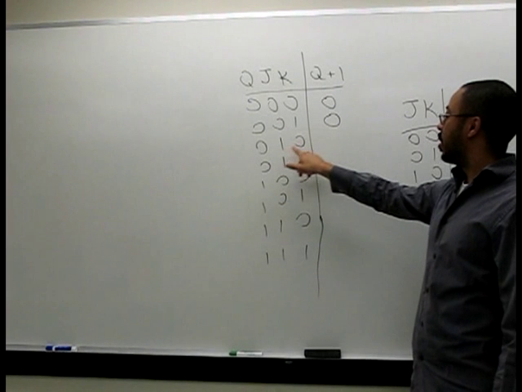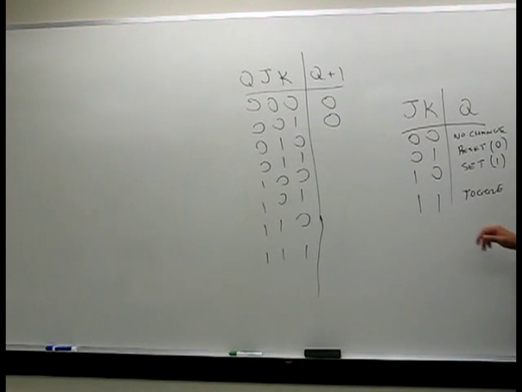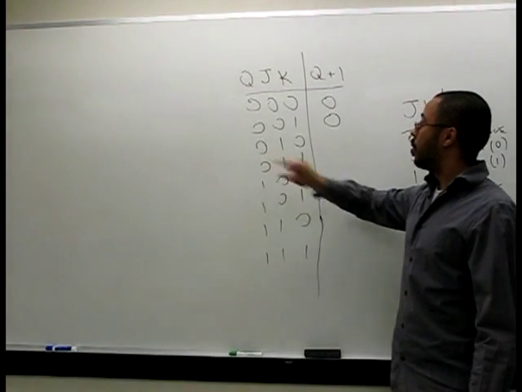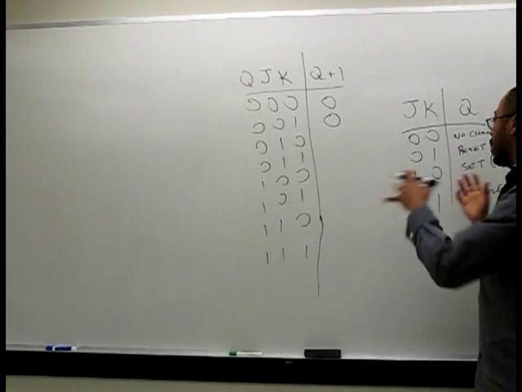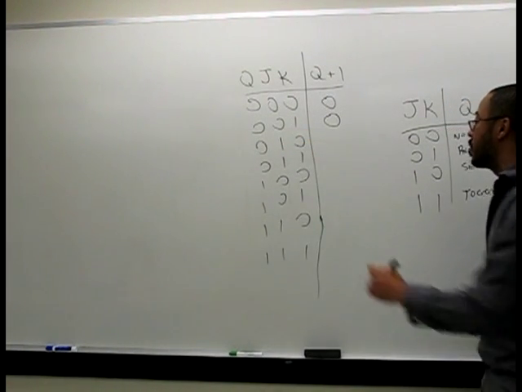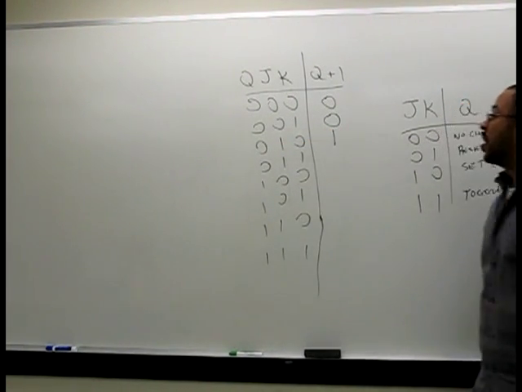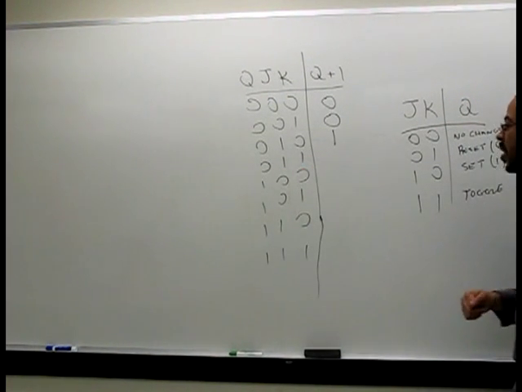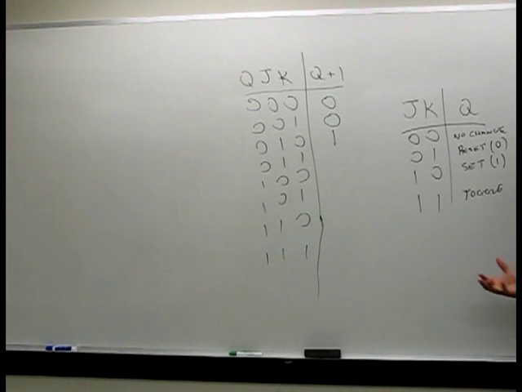Okay, J is 1, K is 0. That's set mode. So if Q is 0, it will become a 1 because the JK flip-flop is in the set operation mode. So it becomes a 1. Now Q is 0, J is 1, K is 1. What state is the JK flip-flop in?